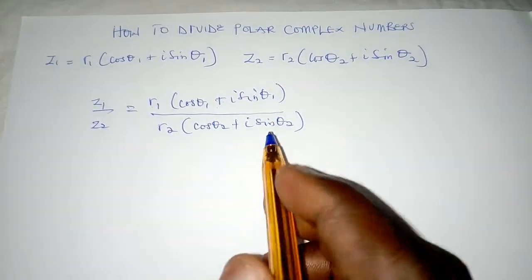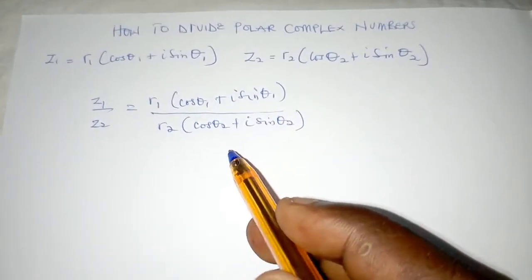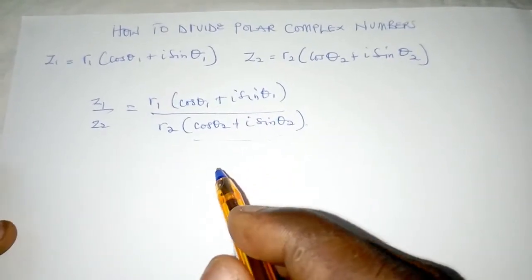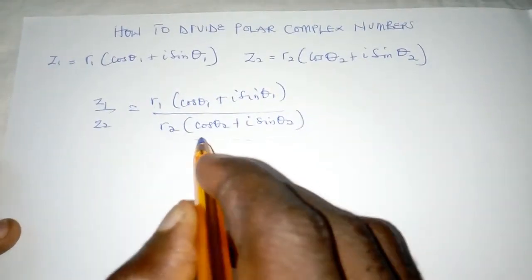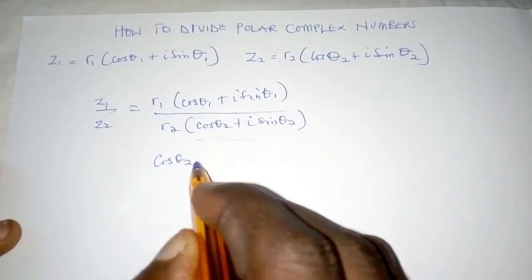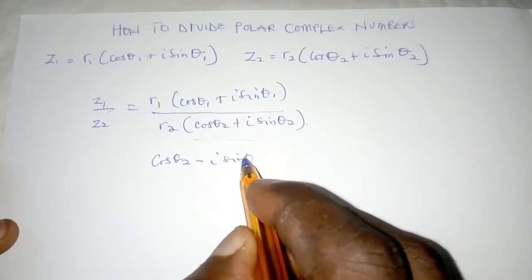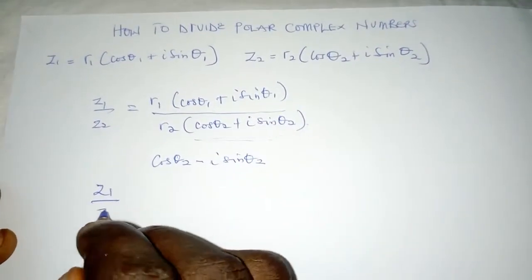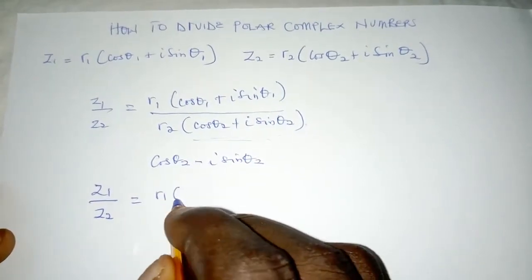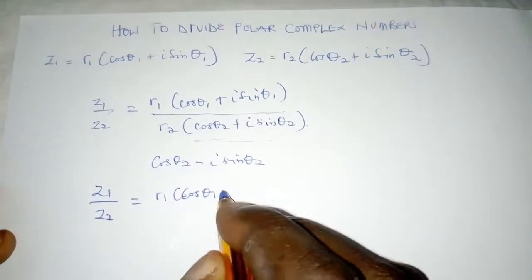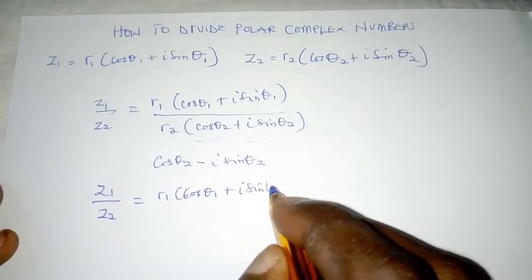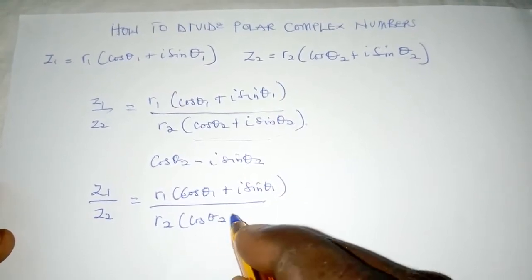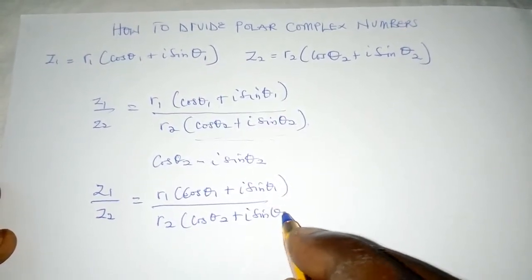Now we multiply the numerator and the denominator by the conjugate of this particular complex number. The conjugate of this one becomes cos of theta 2 minus i sine theta 2, just a matter of changing the sign. So z1 over z2 becomes r1 multiplying cos of theta 1 plus i sine of theta 1, out of r2 cos of theta 2 plus i sine of theta 2.